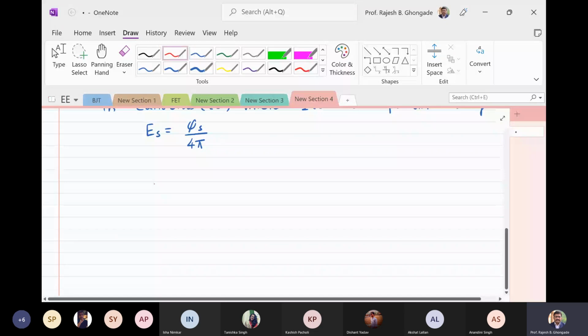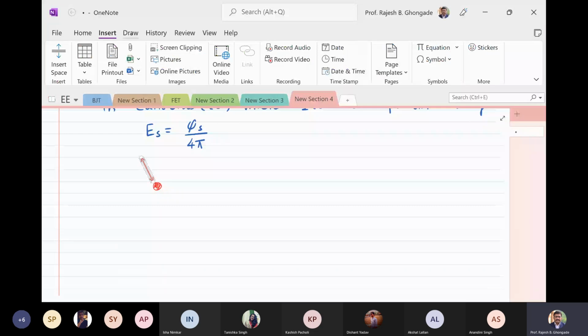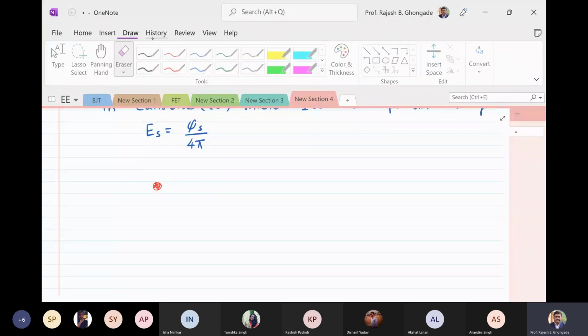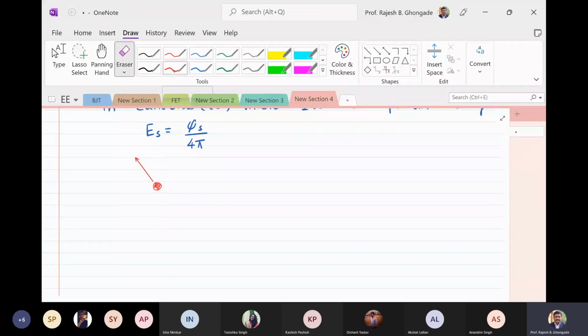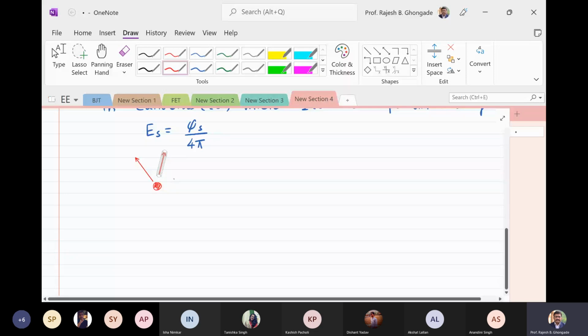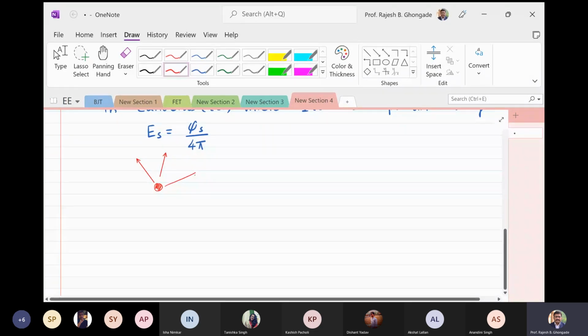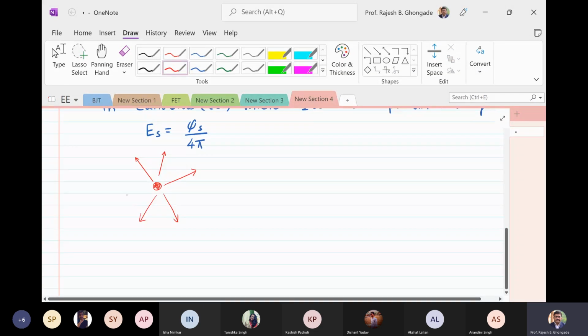So if you look at the point source, and if I try to measure, light will emanate in all directions, evenly.